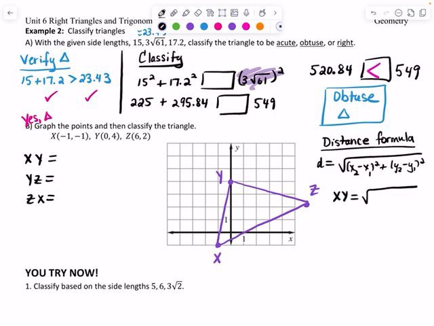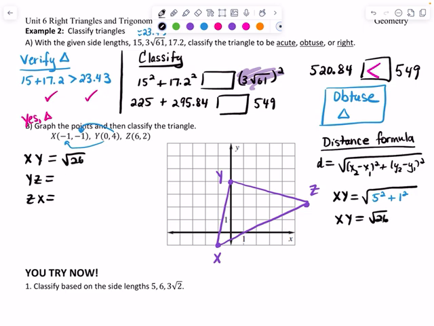When I do the distance between x and y, I'm going to focus on 4 minus a -1 means 4 plus 1 or 5 squared. Then I'm also going to do 0 minus -1 means 1, and I need to square that. So xy is the square root of 26. I'm going to put that over here.